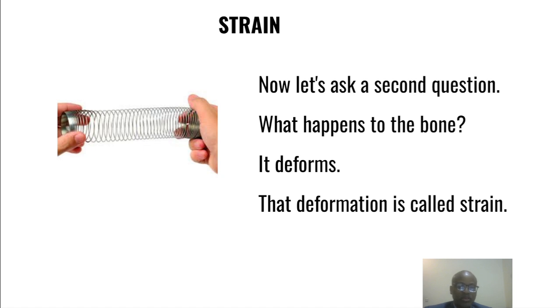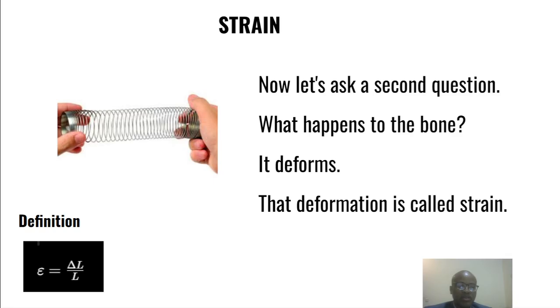Different materials have different strains depending on the amount of stress they are subjected to. And by the way, strain does not have a unit, and that's the formula there. That symbol there is called epsilon, and it's the change in length over the original length.